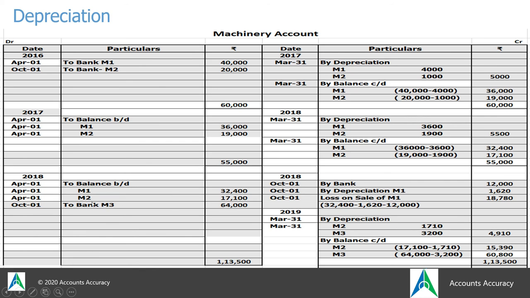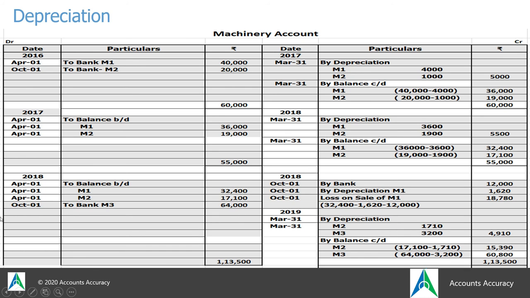Now for the other two machines: for machine 2, from 17,100 we have to deduct the depreciation, that is 1,710 rupees, because it was used for the whole year. So 10% of 17,100 is 1,710.